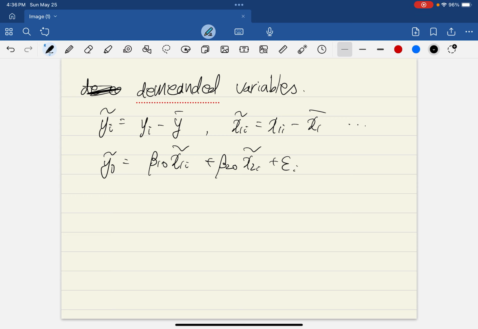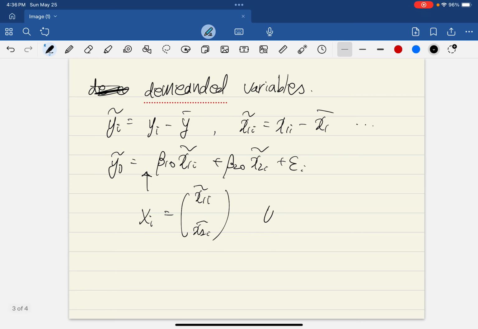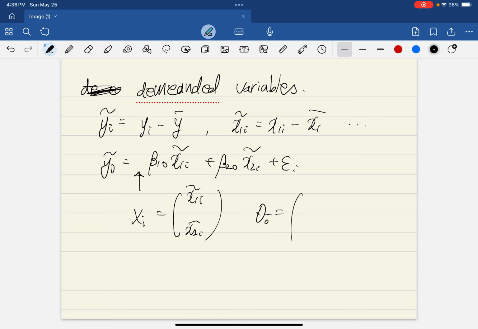Right? Just simply we are deleting the intercept. So this is another way. In this case, you have to define x as x1 tilde and x2 tilde without intercept. And theta is simply beta 1 and beta 2.